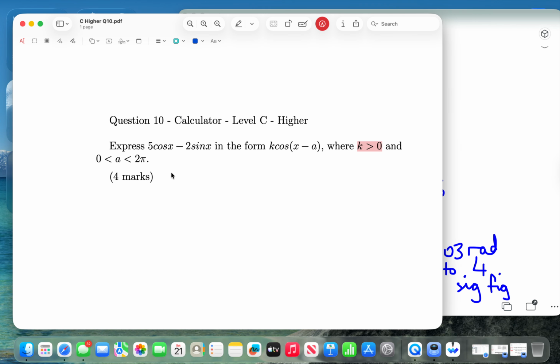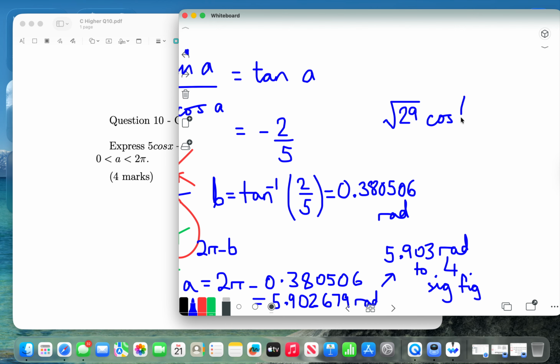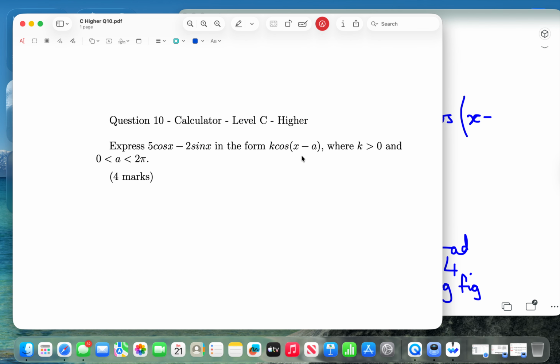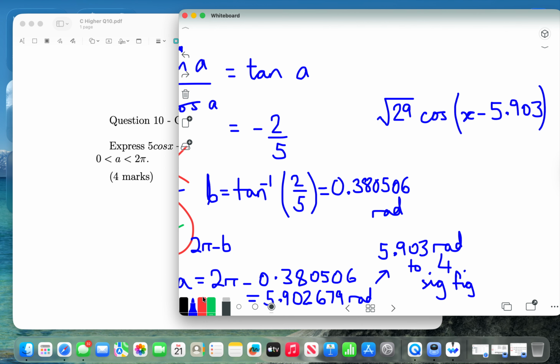Let's write it in the form we require. So k is root 29 and cosine(x minus 5.903), and we have finished.